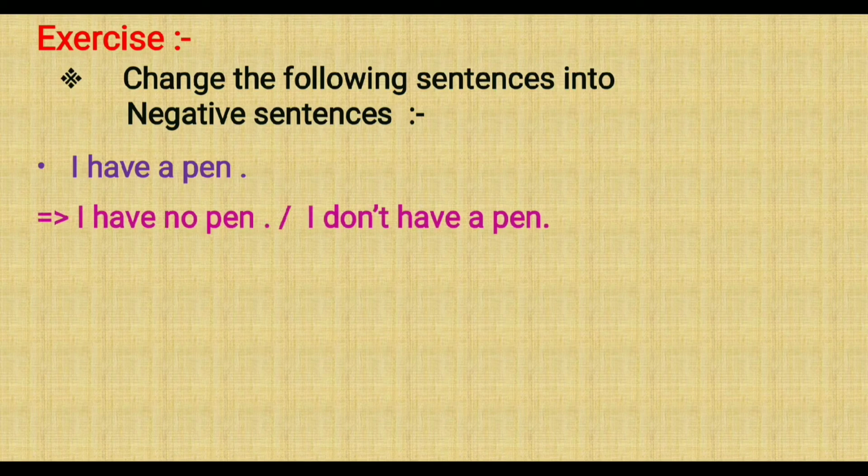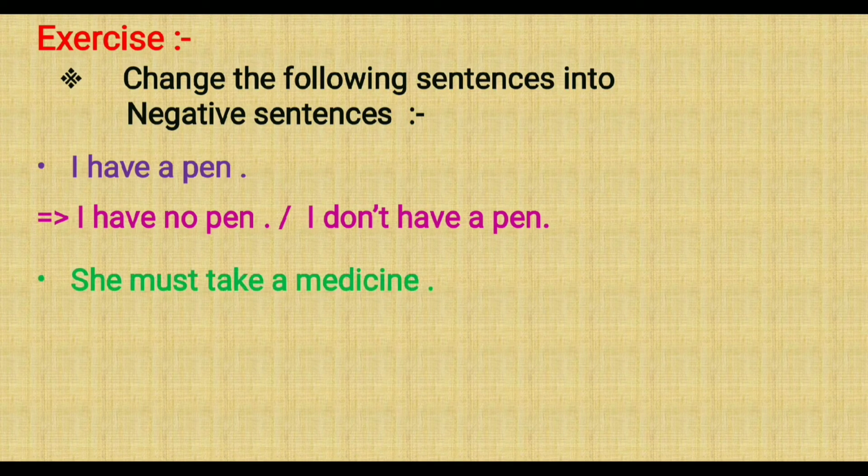I have no pen is the first type of answer, and you can also write I don't have a pen. Understand? So both ways are correct. You can apply it, but follow all the rules.